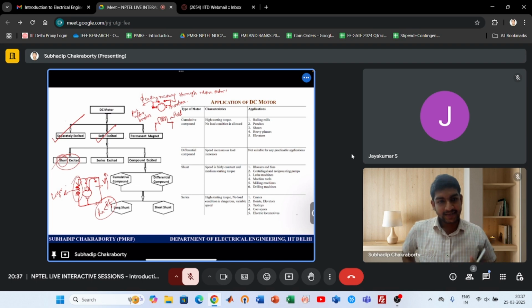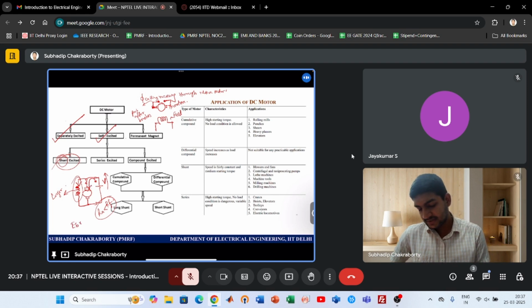For the motor, it actually takes the current. And the energy conversion happens: this voltage, which we call the back EMF, times the armature current, should be equal to the mechanical power, the energy or power getting converted after the losses.